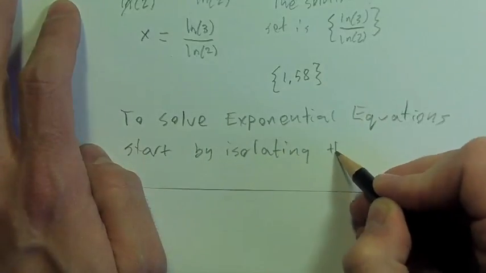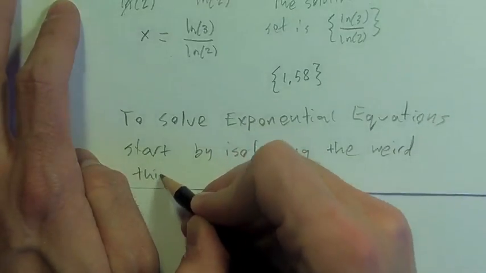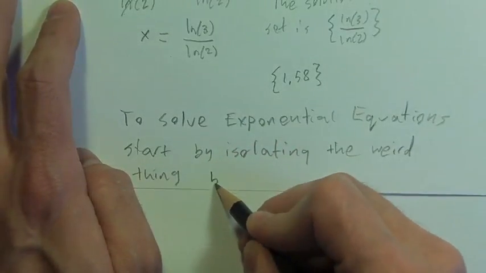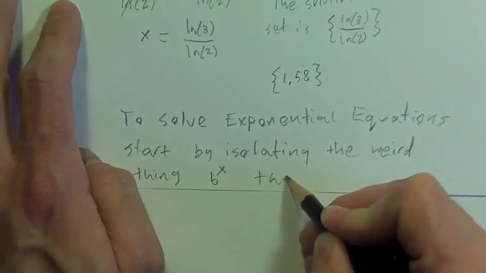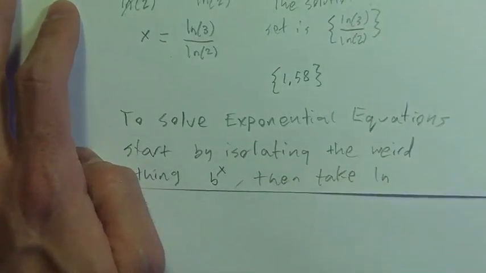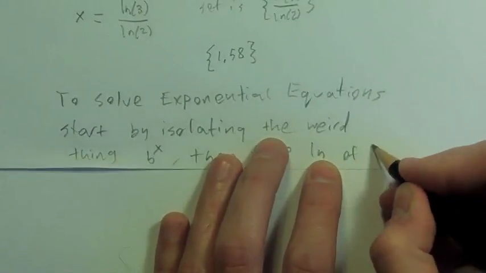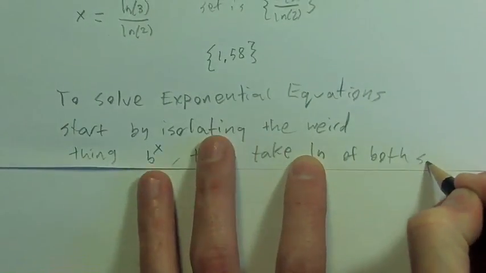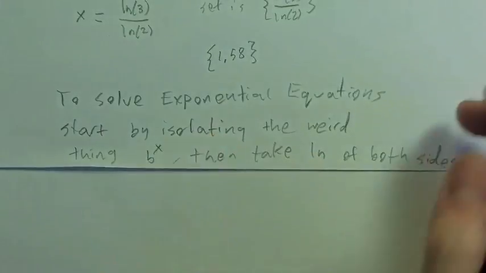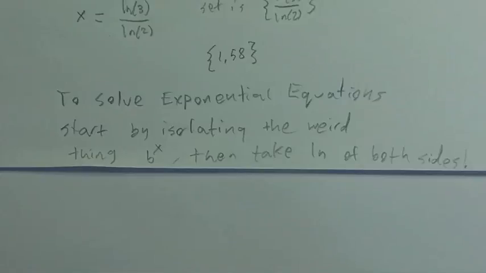So start by isolating the weird thing. In this case, that will be your b to the x. Then take natural log of both sides. Okay, and that is how we solve general exponential equations.